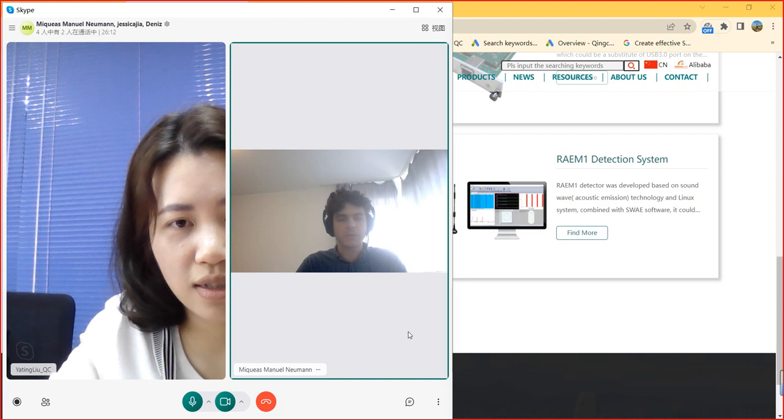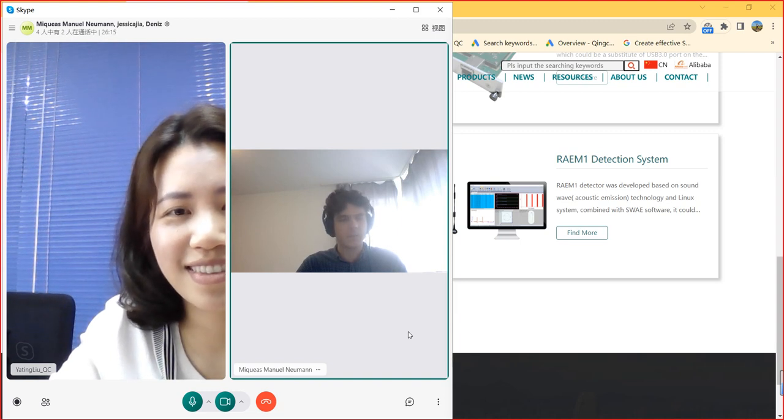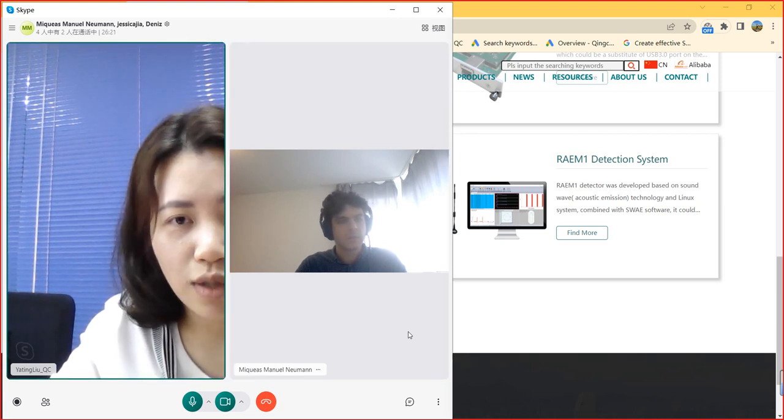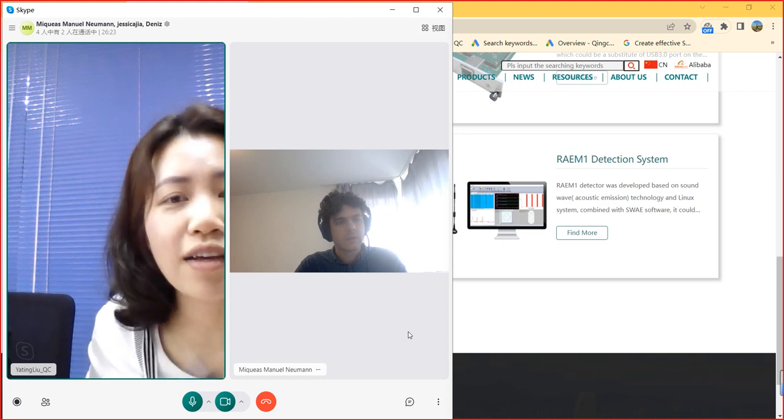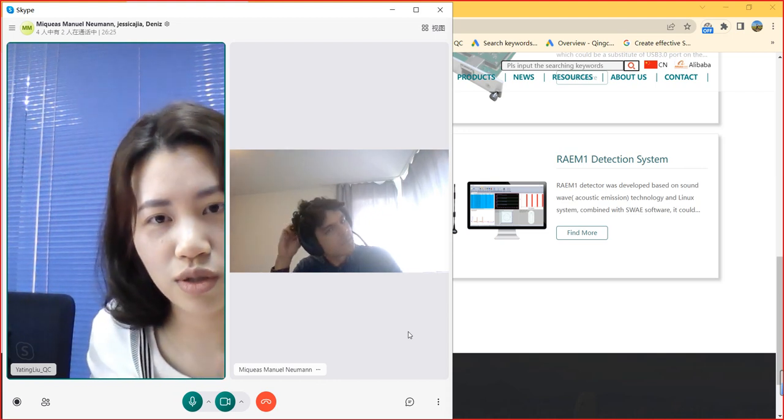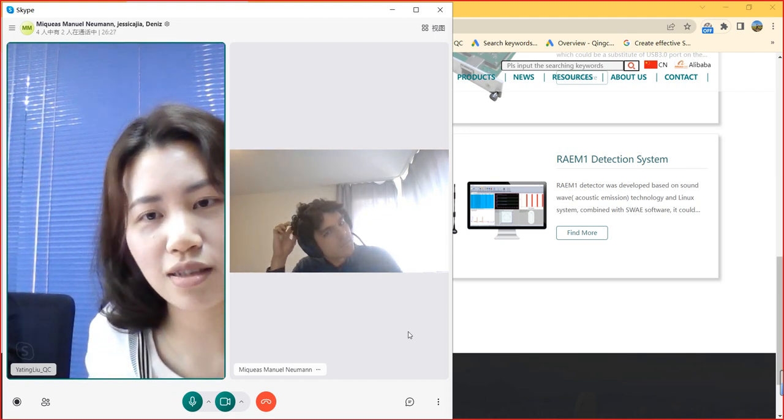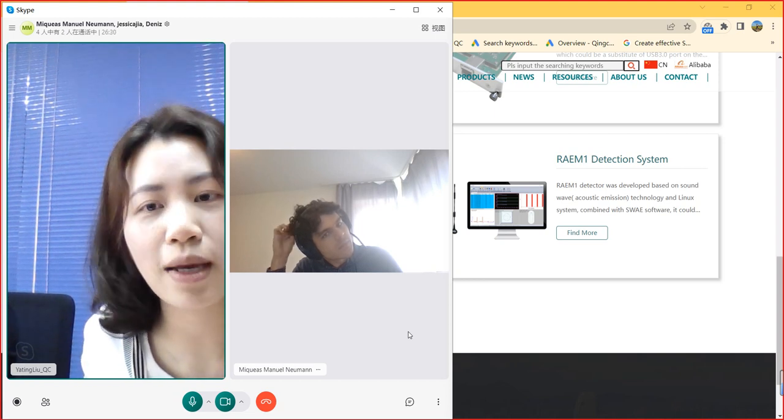Can we connect it by USB, is it possible? For the U3H instrument, you can connect it to your computer by USB cable.